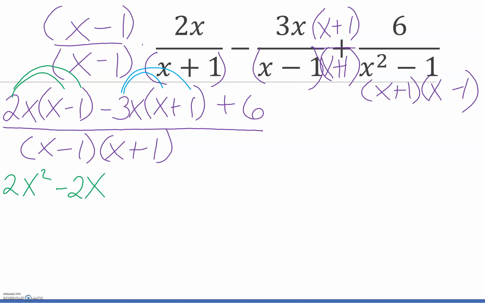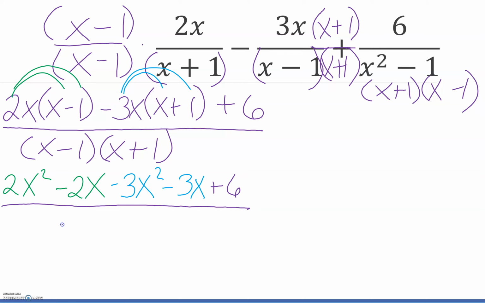Then we have our negative 3x times x, that's minus 3x squared. Negative 3x times 1 is minus 3x. And then we have that plus 6. And that's all over x minus 1 times quantity x plus 1.